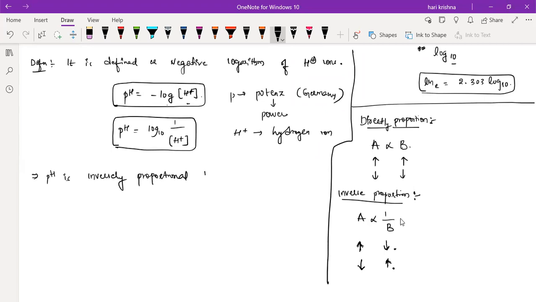pH is inversely proportional to the H plus ion concentration. Okay. pH is inversely proportional to the H plus ion concentration.